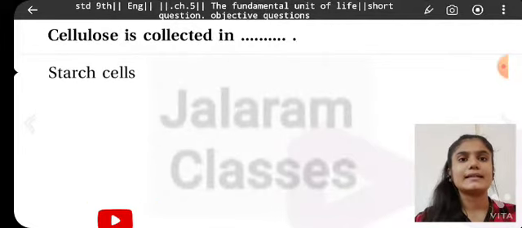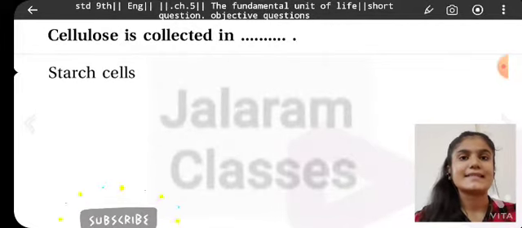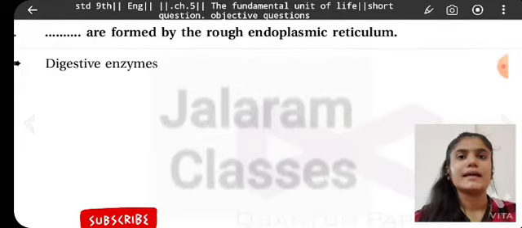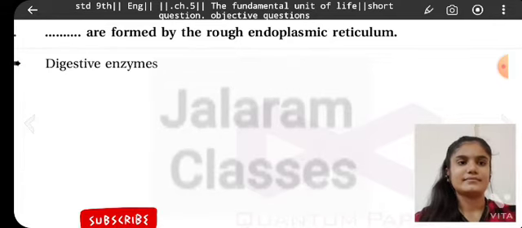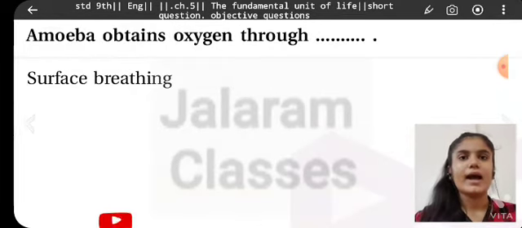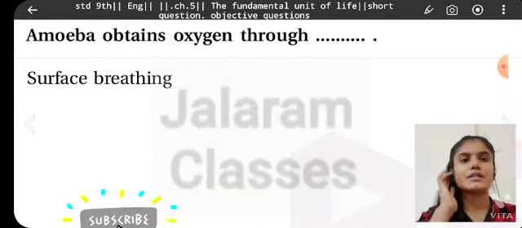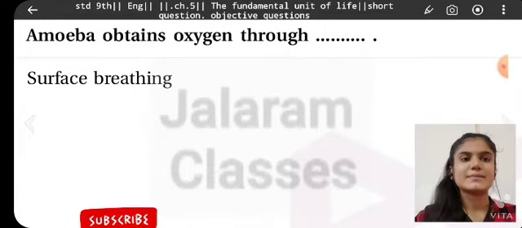Cellulose is connected in starch cells. Digestive enzymes are formed by the rough endoplasmic reticulum. Amoeba obtains oxygen through surface breathing.